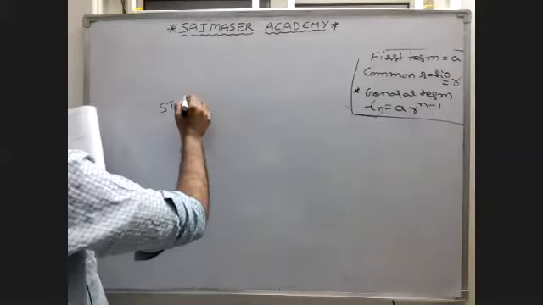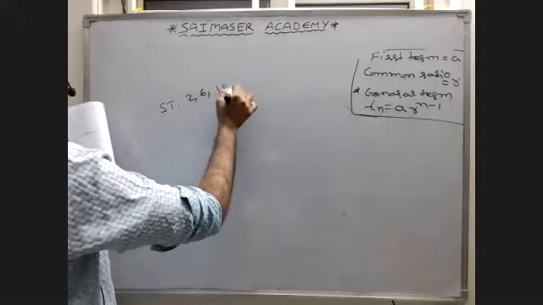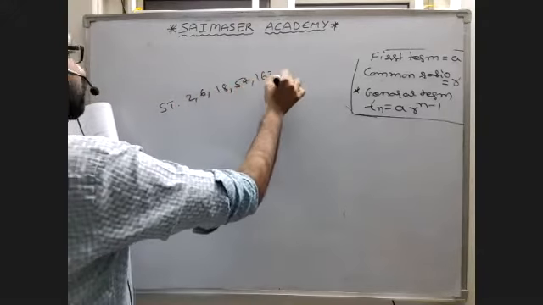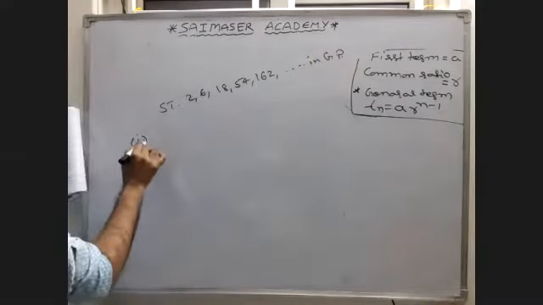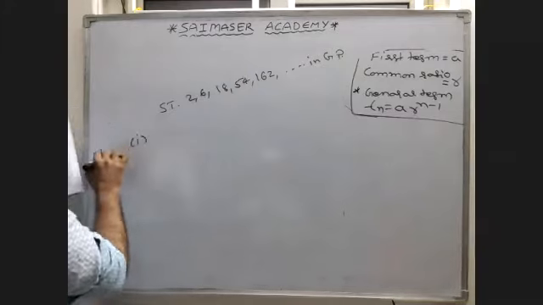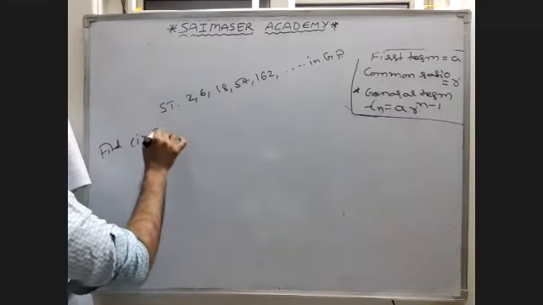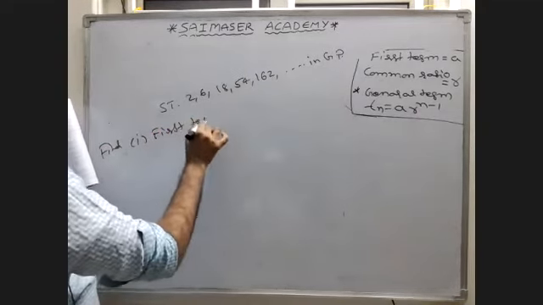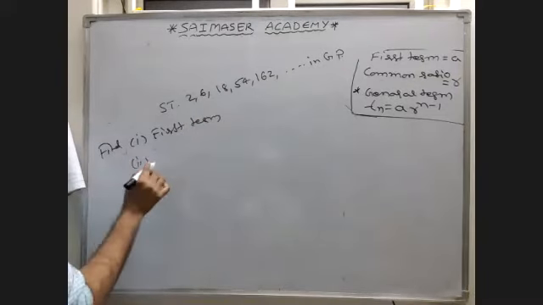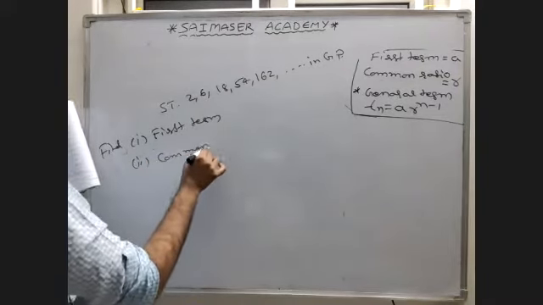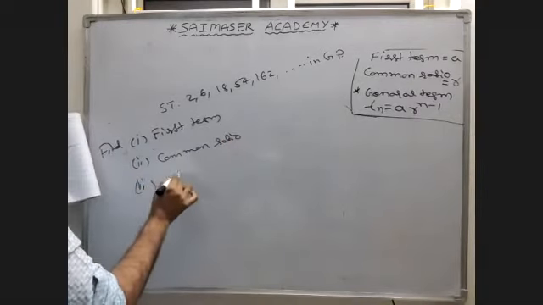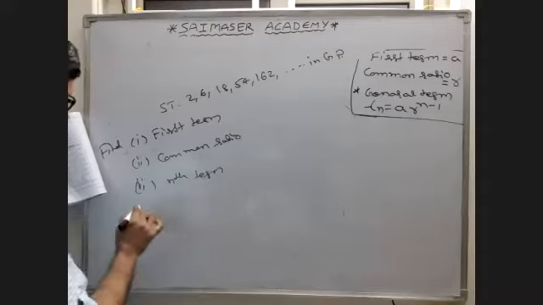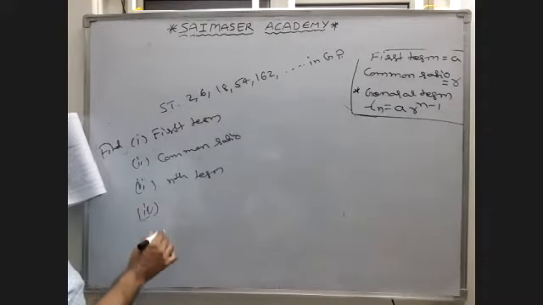Show that the progression 2, 6, 18, 54, 162 is in GP, and the first bit is, find the first term, second bit, the common ratio, third bit, the nth term, fourth bit, you have to find the eighth term.